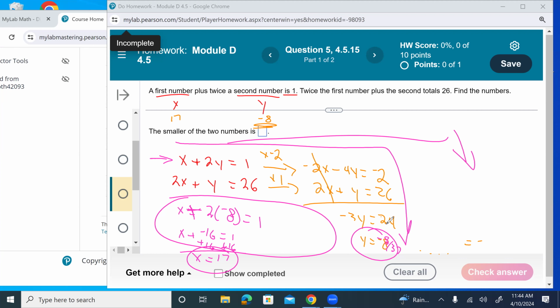My answer would still be at the bottom, and it'll be some ugly fraction. So if you do the first part and end up with a weird fraction at the bottom, you probably want to go on and do it again, eliminating the other variable this time. It would be easier to do it that way than this way. In my opinion, it looks easier.